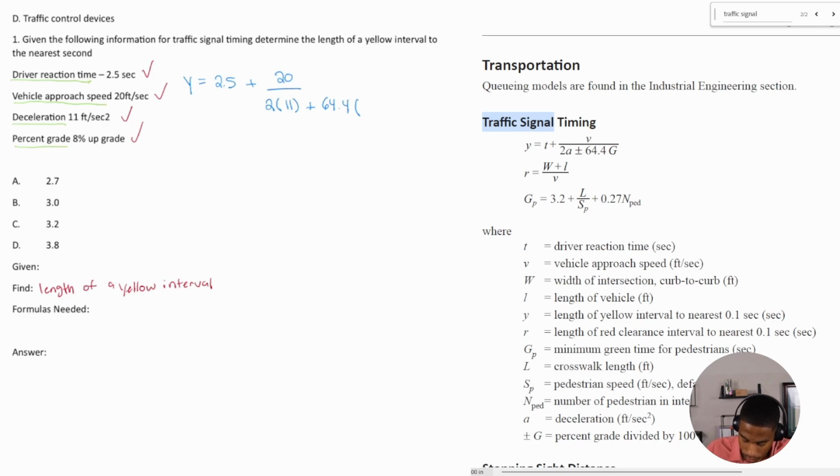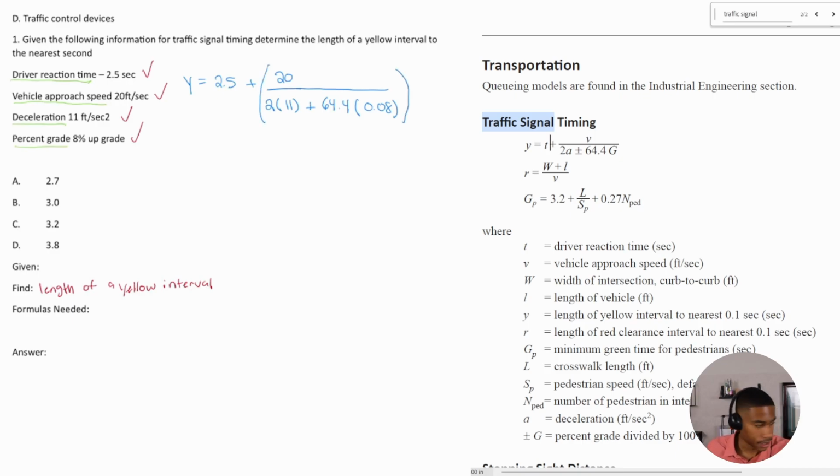It's key to note that our grade is 8%, but in decimal form, that is 0.08. All over, and this is in parentheses.